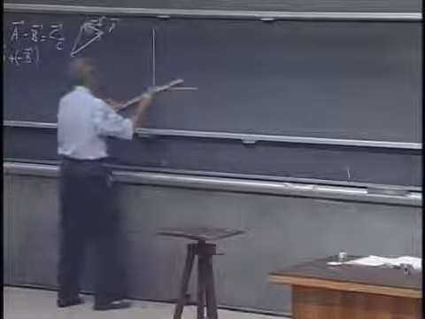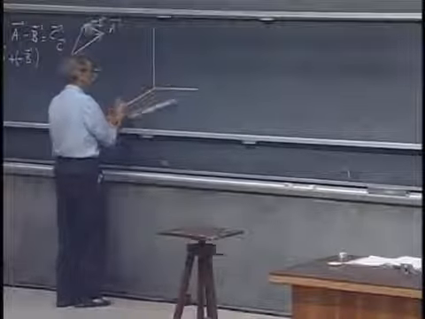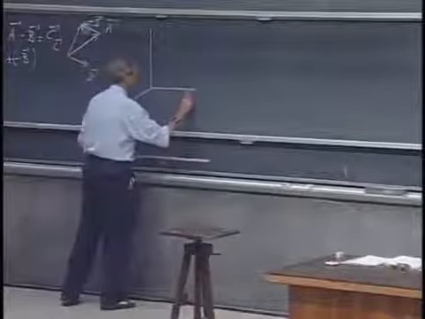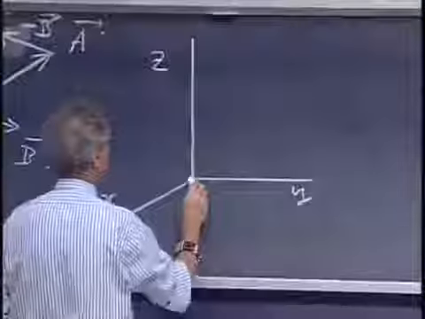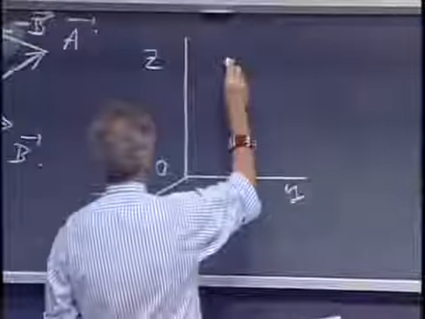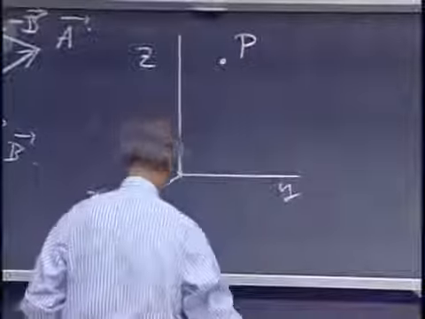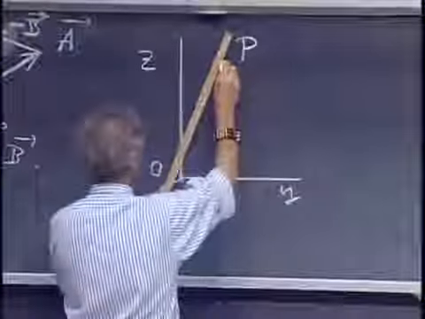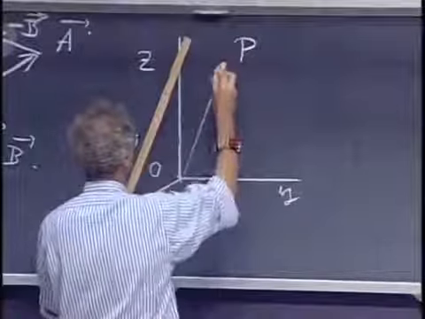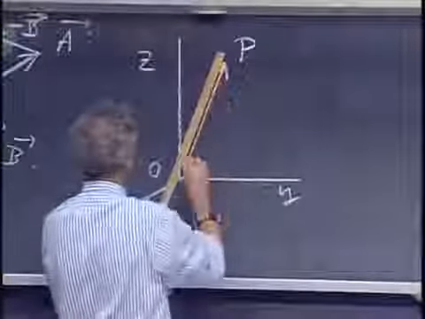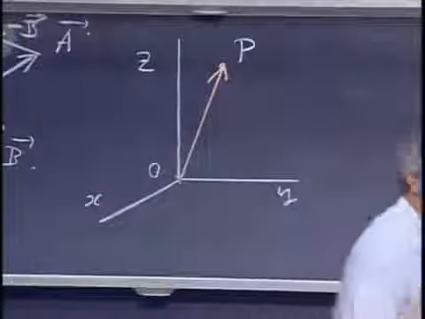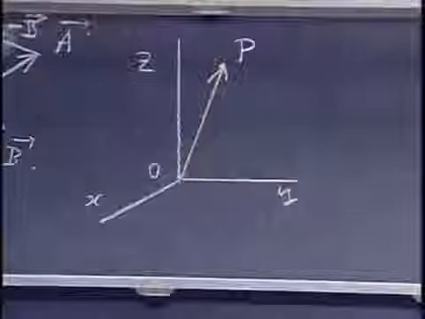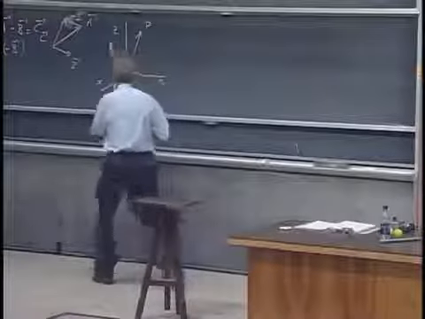This is my z-axis. This is my x-axis, y-axis, and z-axis. This is the origin O, and here is a point P, and I have a vector OP. That's the vector. And what I do now, I project this vector onto the three axes, x, y, and z.